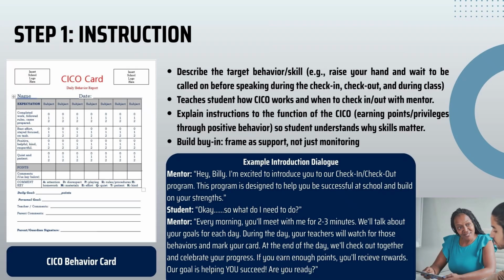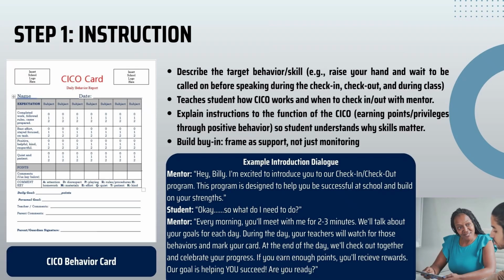So 0 meaning they didn't do this skill at all. 1 is, they did it some of the time. And then the 2 being, man, they just did this skill the entire time. So it allows the students to accrue points. And this is something that the parents will sign and send back.